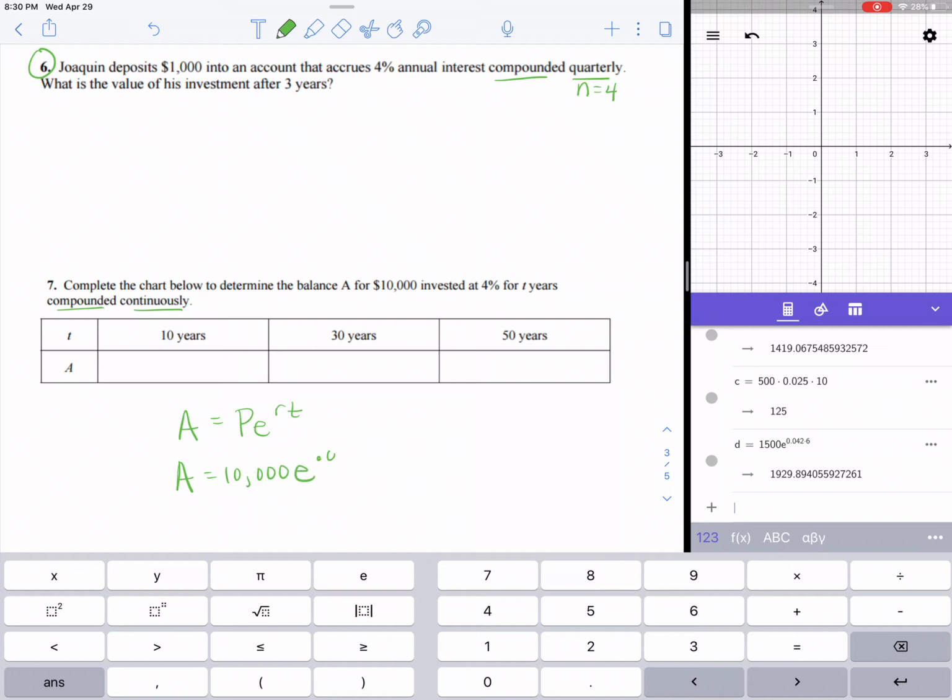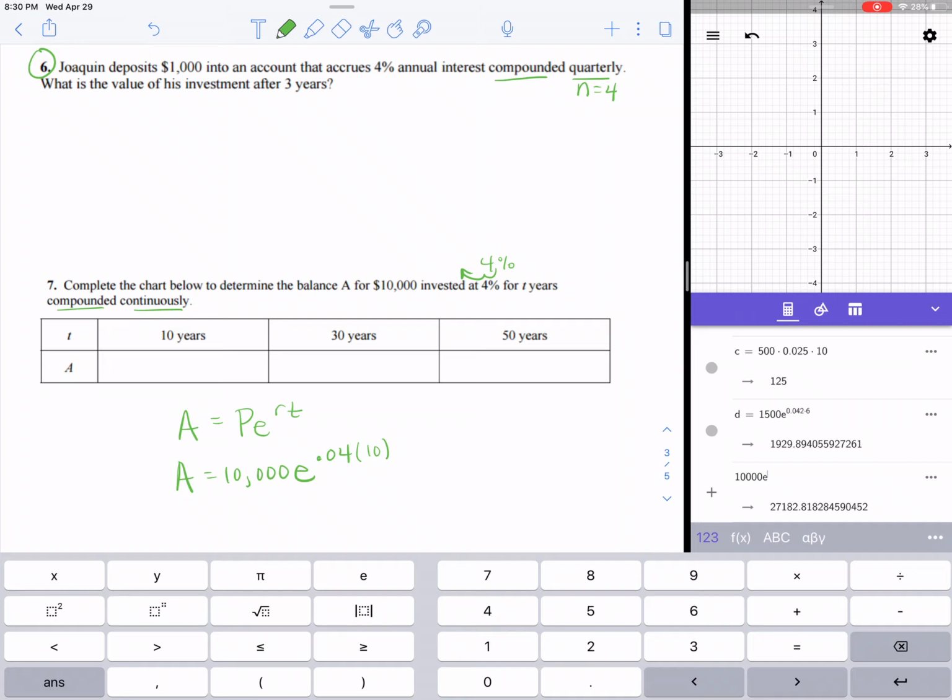The rate is 0.04, 4%. When you move the decimal 2 places to the left it is 0.04. And then times 10 for the first case. So 10,000 e to the exponent of 0.04 times 10.